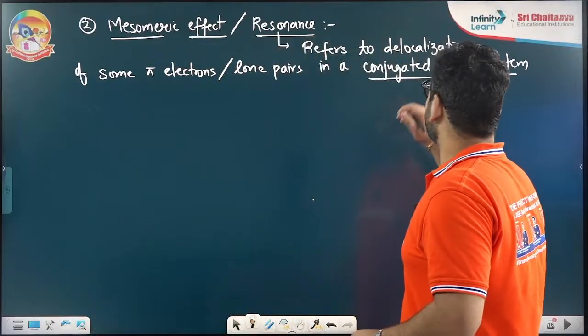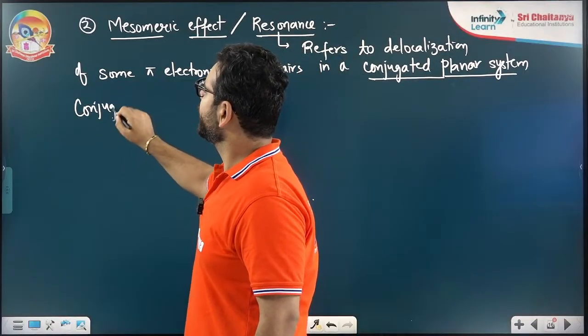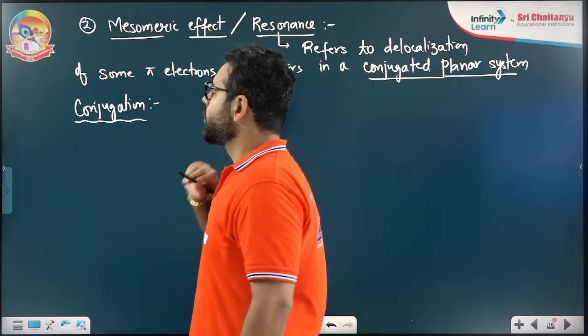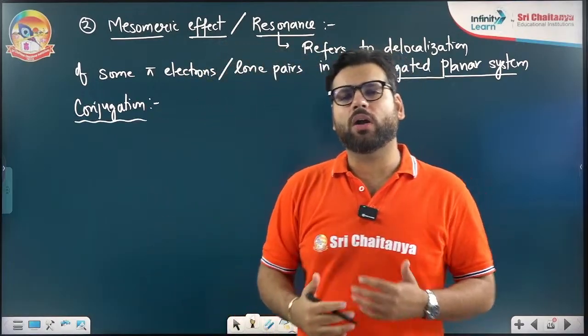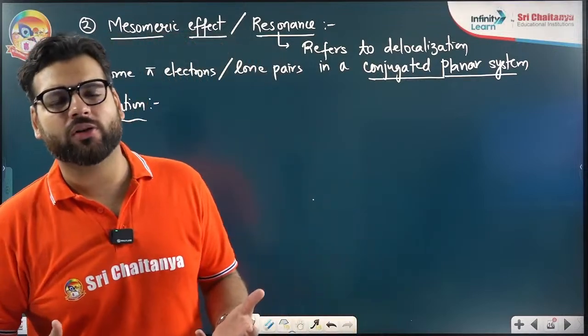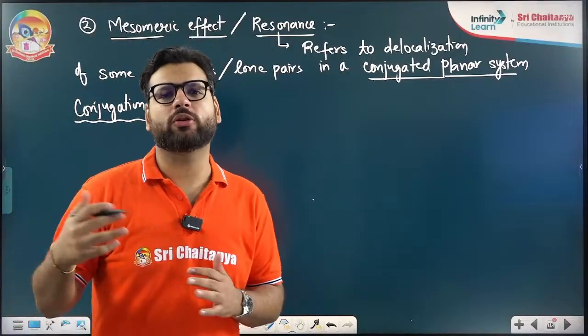Now, what is a conjugated system? What is the meaning of conjugation? Conjugation just means that at alternate positions there should be presence of pi electrons, like pi alternate to pi, or lone pair alternate to pi, and so on.